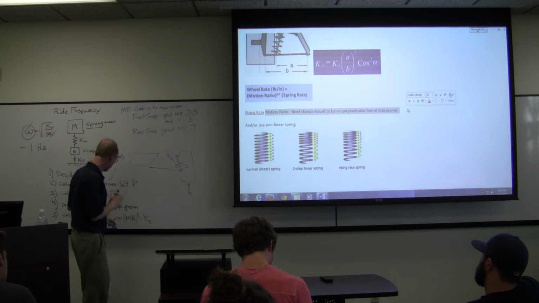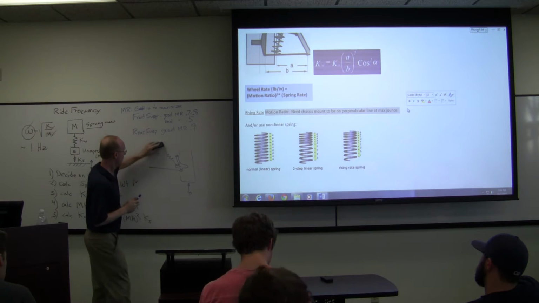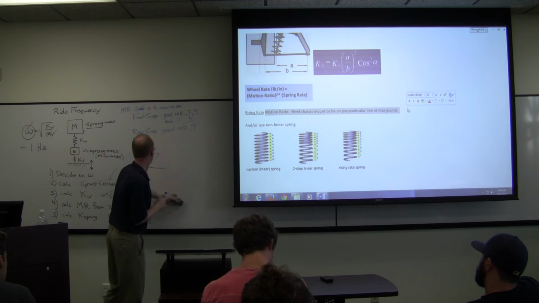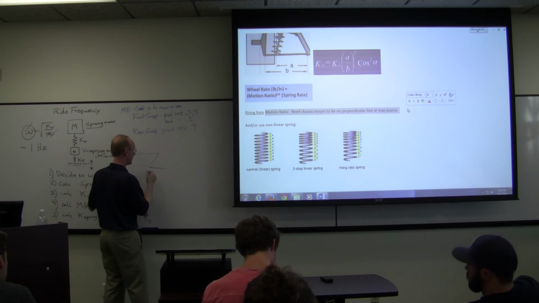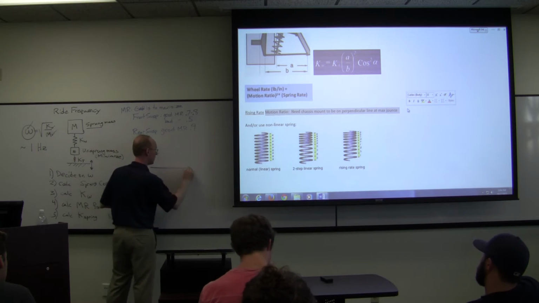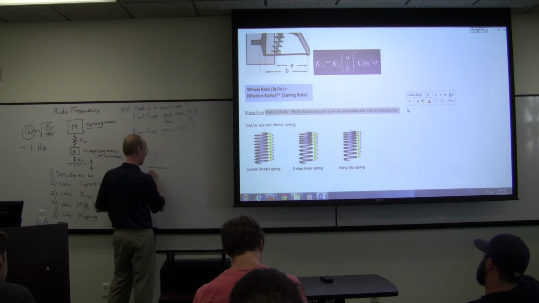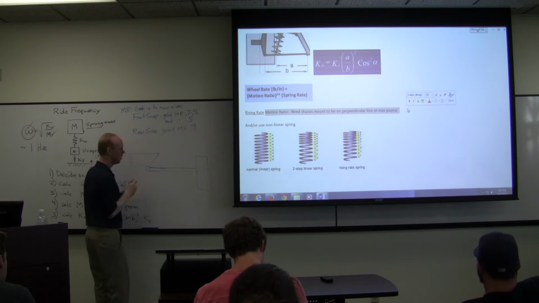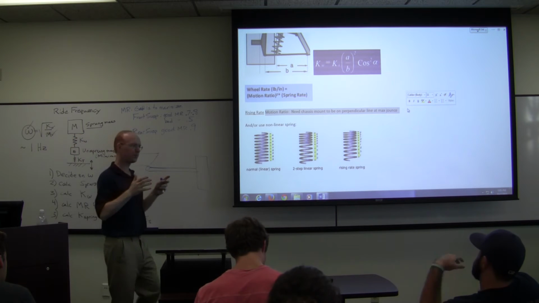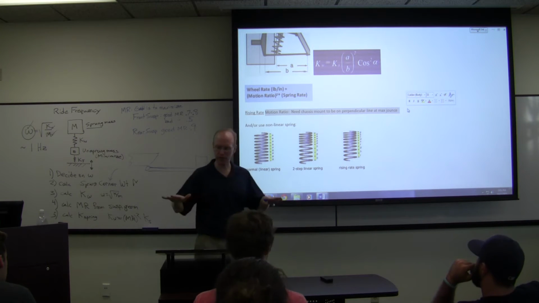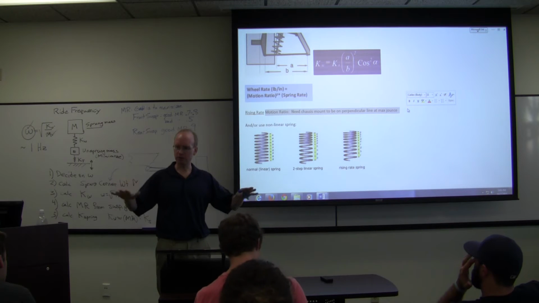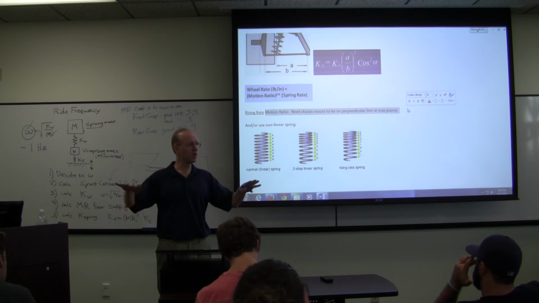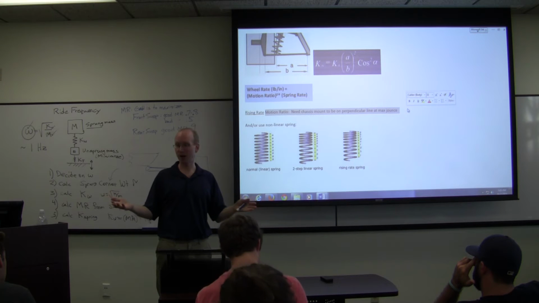But there's another cool thing you can do with motion ratio. And it has to do with, does it stay constant or not as you move the wheel? So you might imagine that the goal of the wheel rate is to stay pretty low so it can be supple over bumps. But at some point you are going to run out of wheel travel.